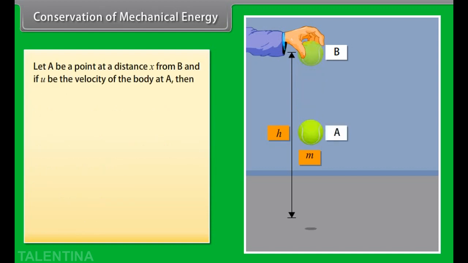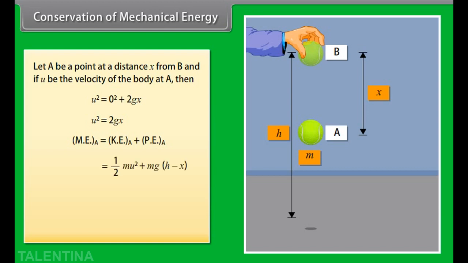Let A be a point at a distance x from B, and if u is the velocity of the body at A, then u² = 2gx. Mechanical energy of the body at A is equal to kinetic energy at A plus potential energy at A. By calculating it, we get the mechanical energy of the body at A is mgh.